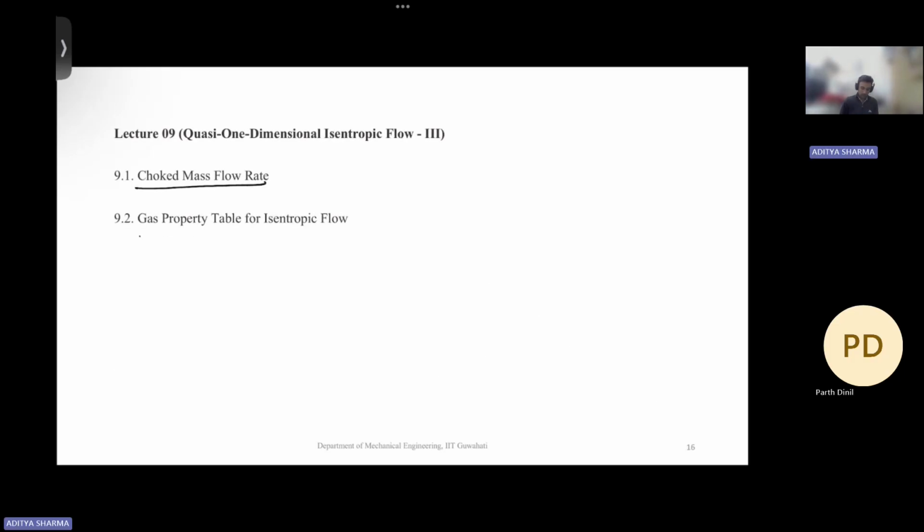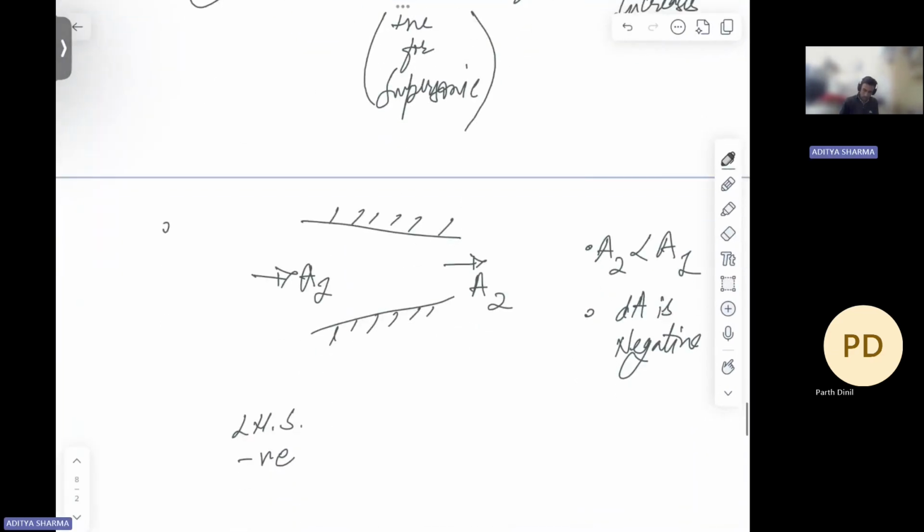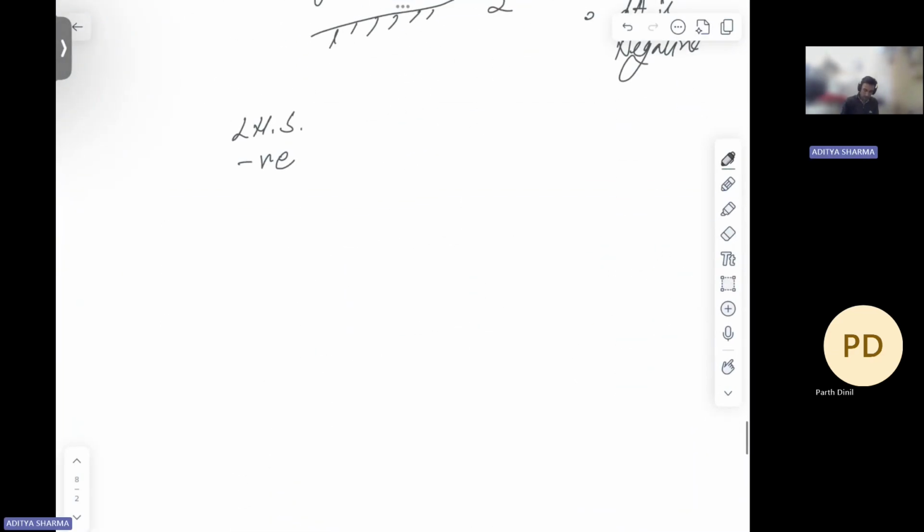Choked mass flow rate, gas property table for isentropic flow. These two topics have been discussed. Also, the area Mach number relation has also been discussed.